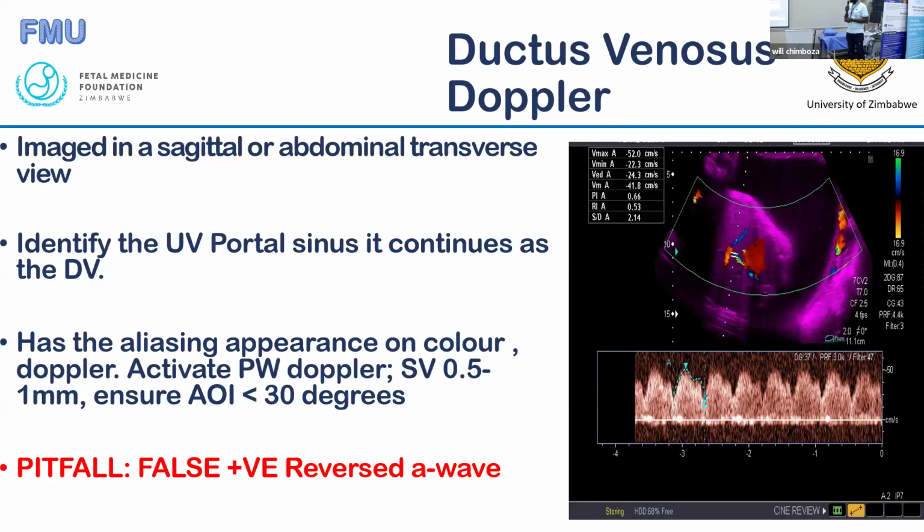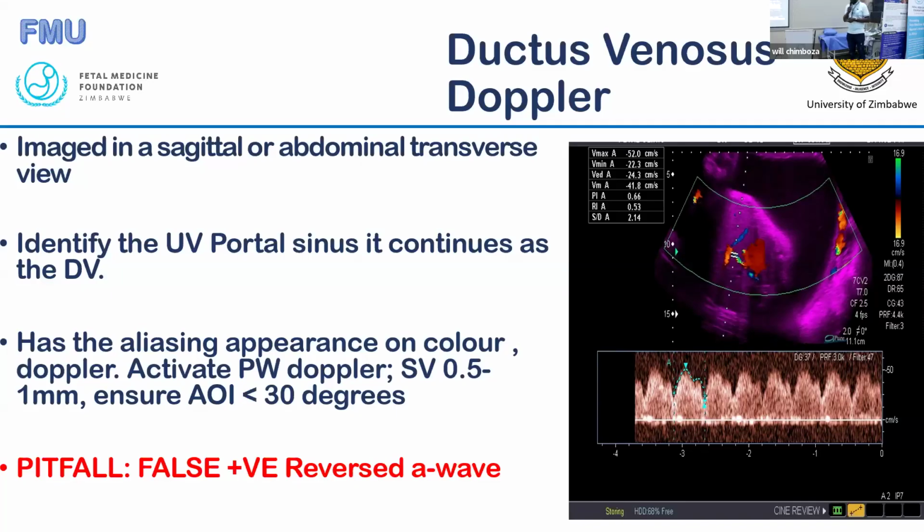As it becomes the portal vein, it continues as that conical vessel, which has an aliasing effect. If you put color Doppler, it has an orangish, reddish appearance. It plays an important role in the assessment. It's one of the additional markers for first trimester aneuploidy screening, but it also informs us about the functioning of the heart.